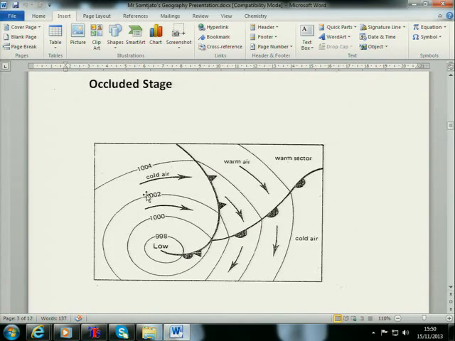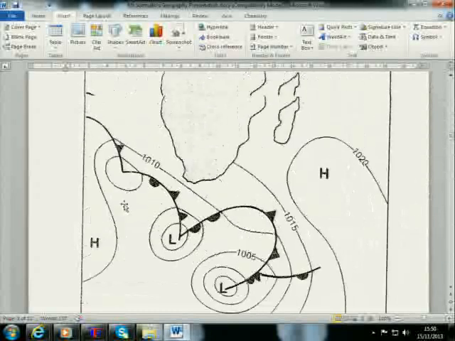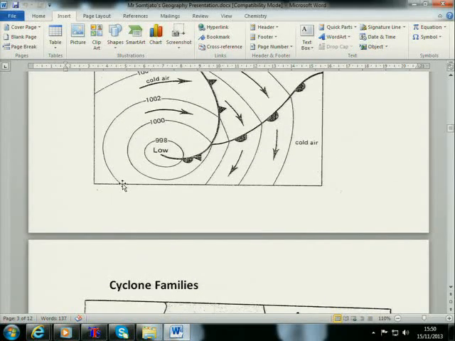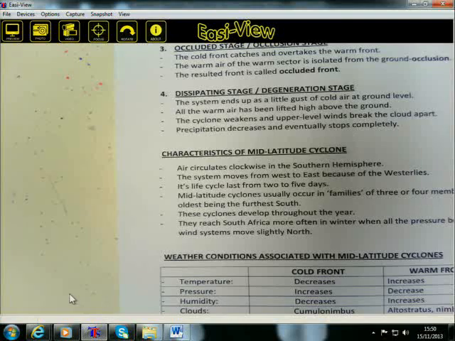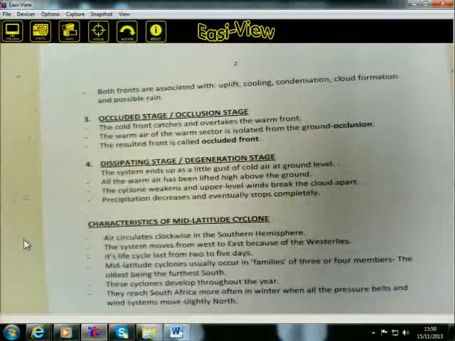Now, after the occluded stage, the mid-latitude cyclone will dissipate. The dissipating stage of the mid-latitude cyclone.